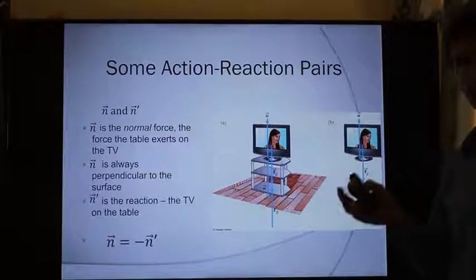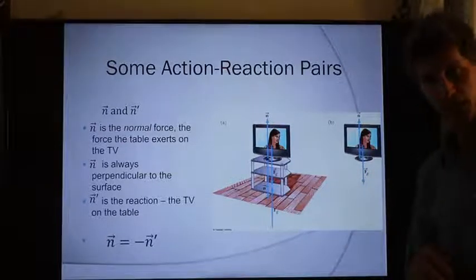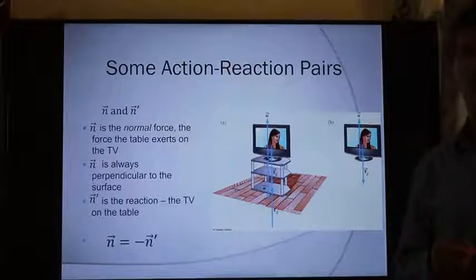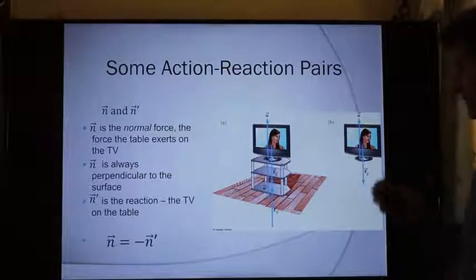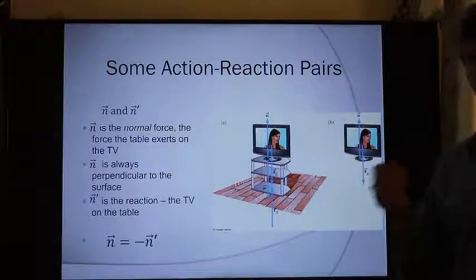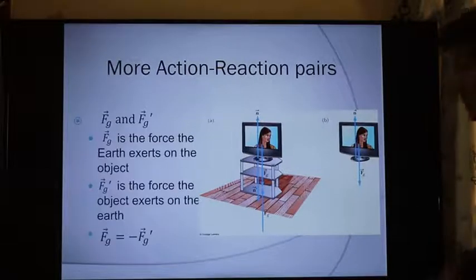Free body diagrams, again, are very important for analyzing what the forces are on an object. So if it's static, like in this case, we can set all the forces equal to 0. If it's an object in motion, then we can set the net force proportional to the mass times the acceleration.